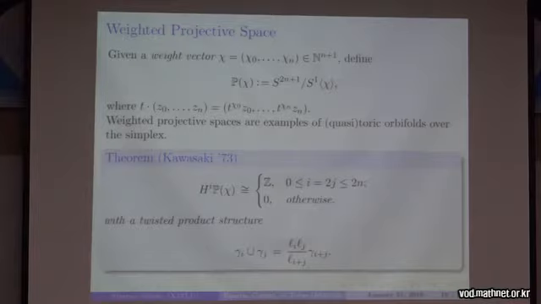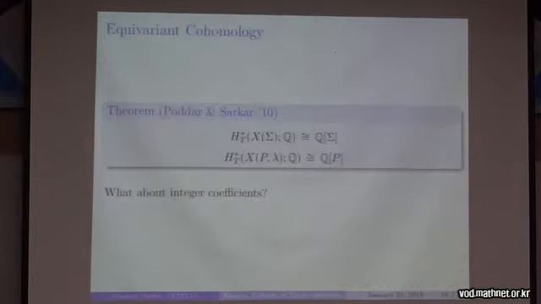So the difference in the orbifold case only really comes looking integrally, because we see that rationally, for toric orbifolds and quasi-toric orbifolds, actually we get the same cohomology as we would if we took a rational picture for manifolds.